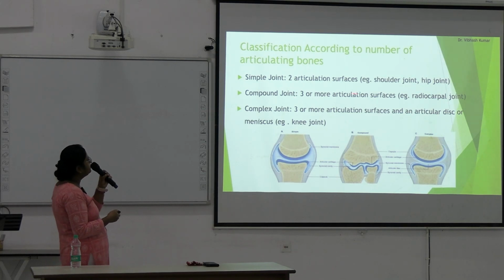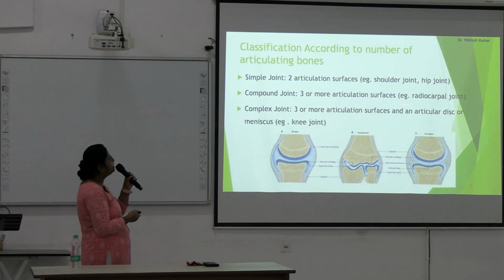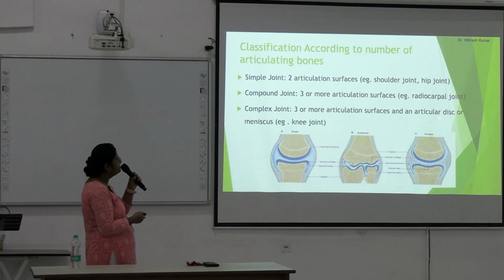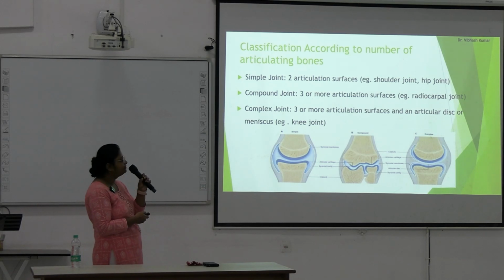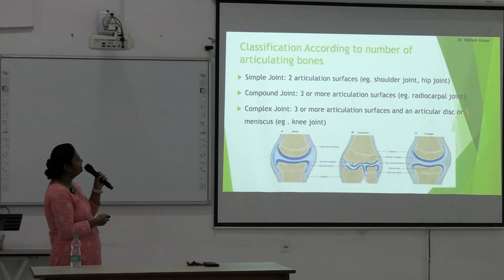Simple joint, 2 articulation surfaces like shoulder joint, hip joint. Compound joint, 3 or more articular surfaces. Example is radiocarpal joint. Complex joint, 3 or more articular surfaces and articular disc or meniscus is present.